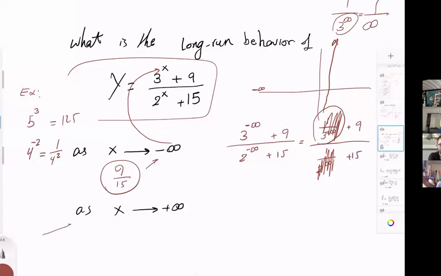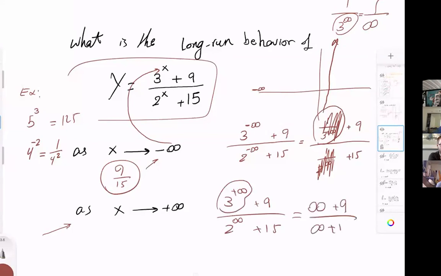For the second part, you guys were right. It goes to infinity. We have 3 to the power of infinity plus 9, over 2 to the power of infinity plus 15. 3 to the power of infinity is a huge number, infinity, plus 9 over infinity plus 15.